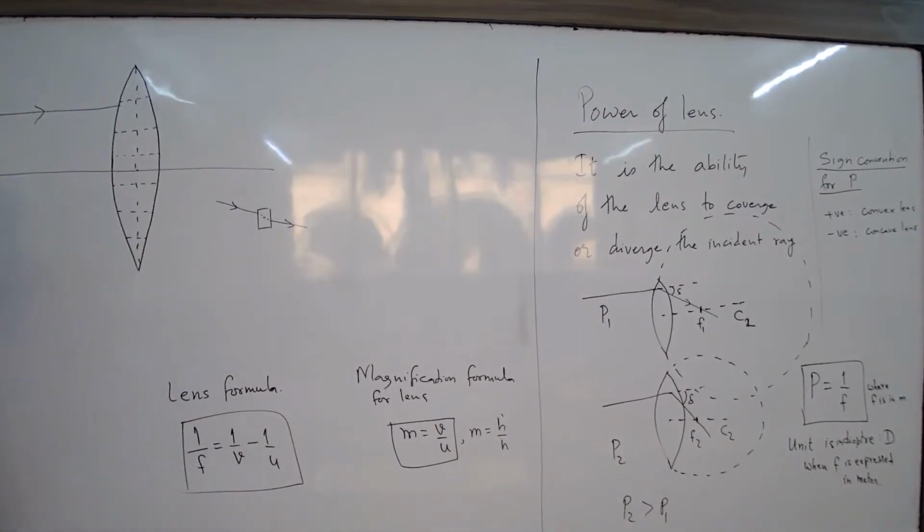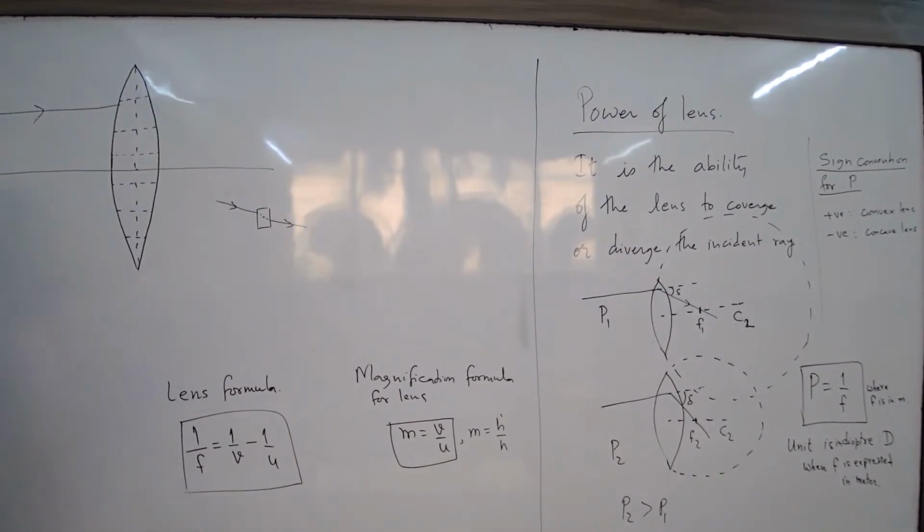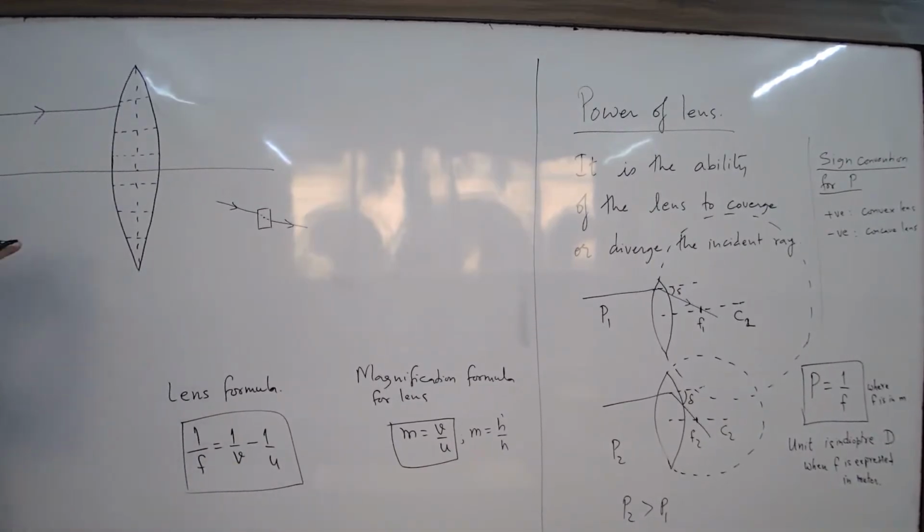I didn't get the refractive index. Absolute refractive index of a medium, yes. That was the beginning, before lens, we had covered that. Yes, I'll come to it. Let me first explain how this refraction takes place.